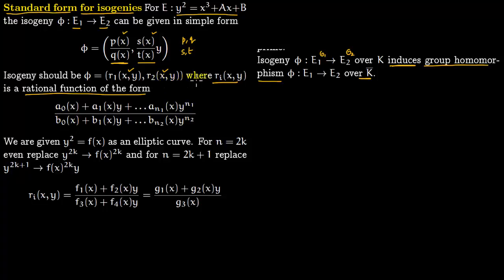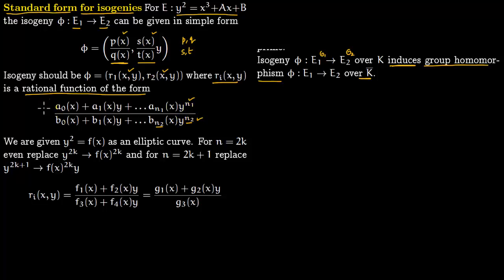It obviously has both x and y, so you can think of the coefficients as being in x and the polynomial in y. The numerator goes up to n1 terms and the denominator, b0, b1, goes up to n2 terms. So just two polynomials, both in x and y, and we are just arranging them.